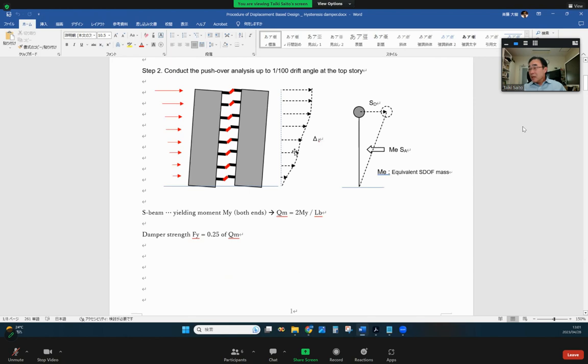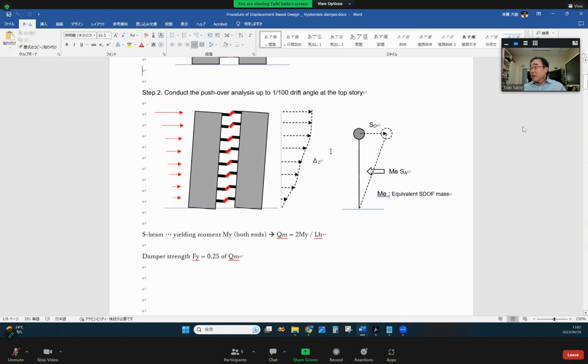So we obtain the equivalent single degree of freedom system by pushover. First we try a simple steel beam without the damper.